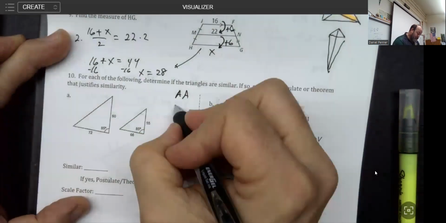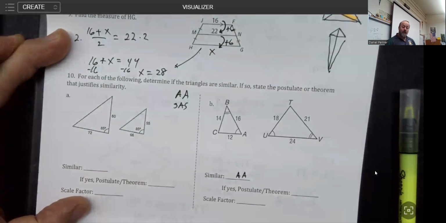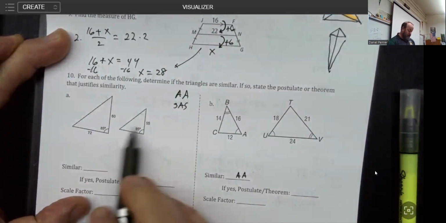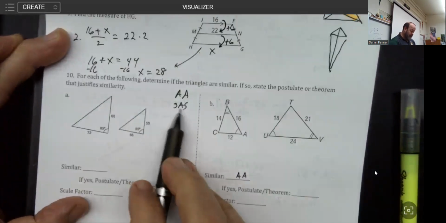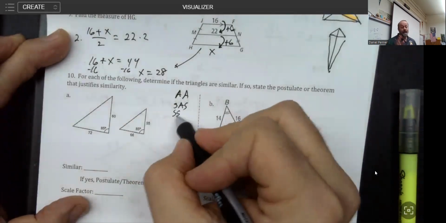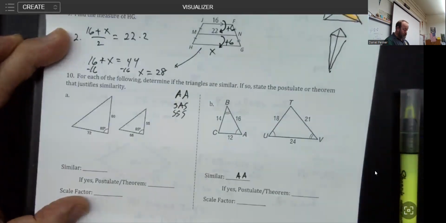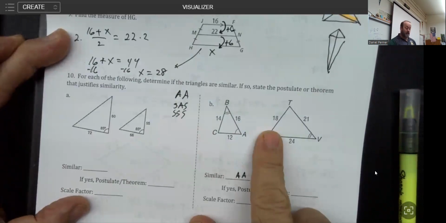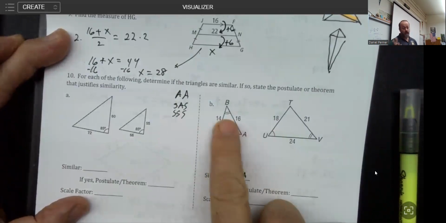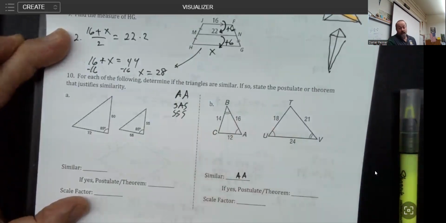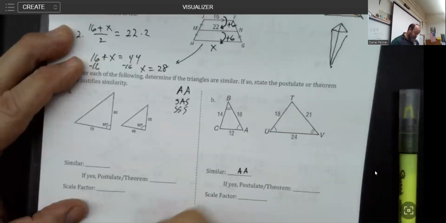You could use similarity by SAS if you have one set of congruent angles and proportional sides, or you get triple S. Now, as it turns out, triple S was really the one we were shooting for here, but they actually marked some angles as well, so we could have gotten away with it either way. But we'll take a look anyway. So let's just see.